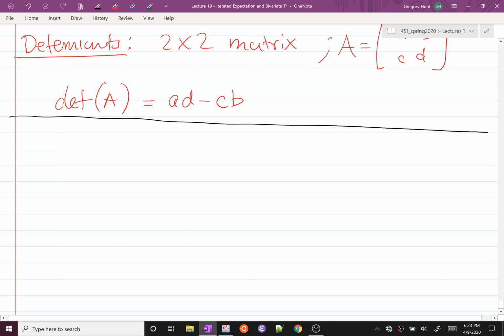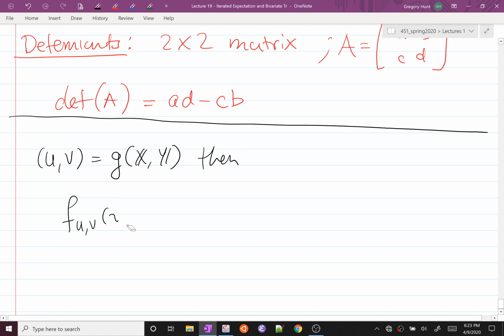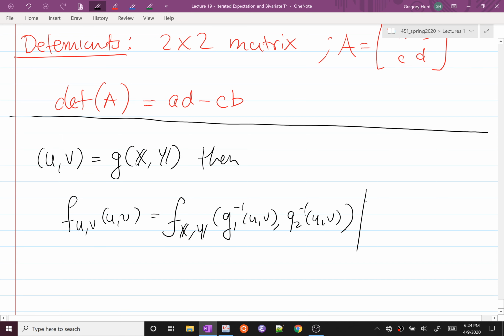If we have u and v as some two-dimensional function of x and y, then if I want the joint PDF of u and v at little u, little v, I take the joint PDF of xy, evaluate it at g1 inverse uv, g2 inverse uv, times the absolute value of the determinant of the Jacobian of g inverse with respect to u and v. Closed form.